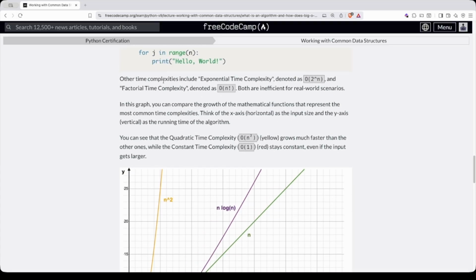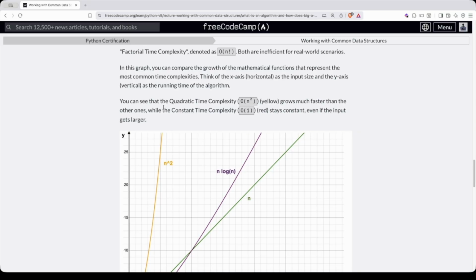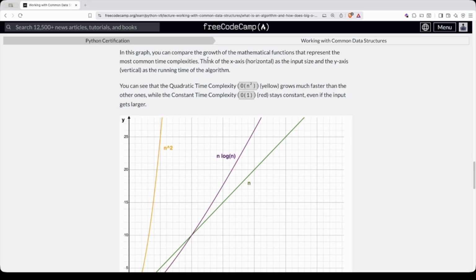Other time complexities include exponential time complexity, denoted by O(2 to the n), and factorial time complexity, which is denoted by O(n!), or n factorial. Both are inefficient for real-world scenarios. In this graph, you can compare the growth of the mathematical functions that represent the most common time complexities.